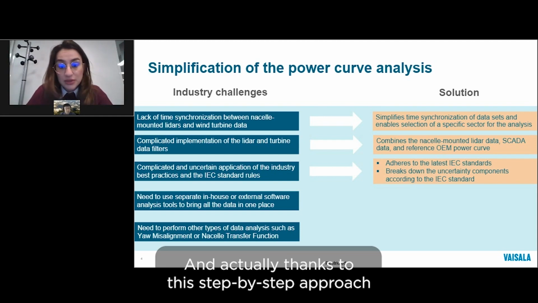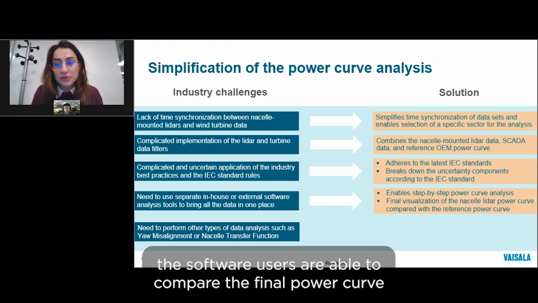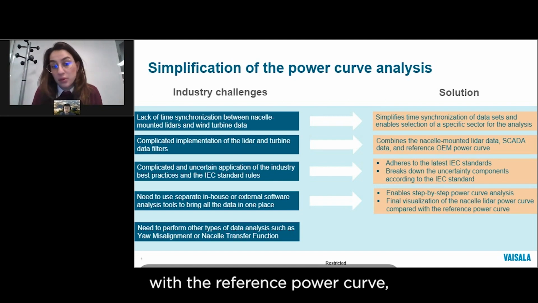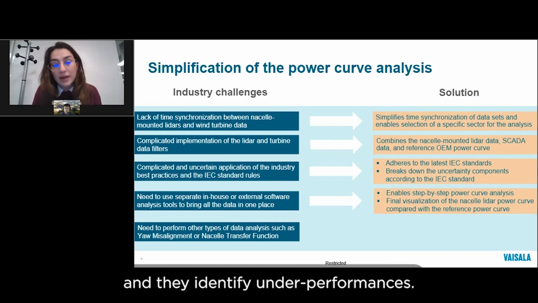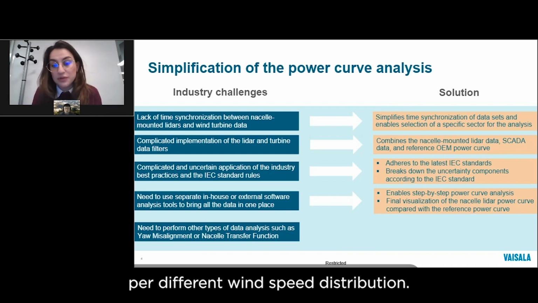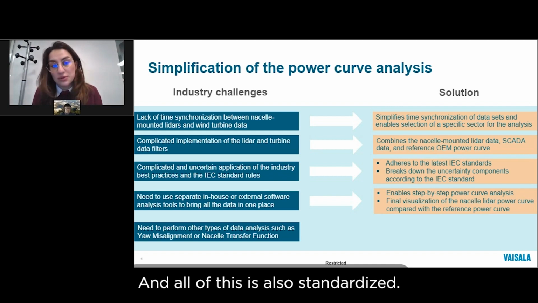And actually, thanks to this step-by-step approach, the software users are able to compare the final power curve with the reference power curve and identify underperformances. The software can also display the final AEP table per different wind speed distribution, and all of this is also standardized.